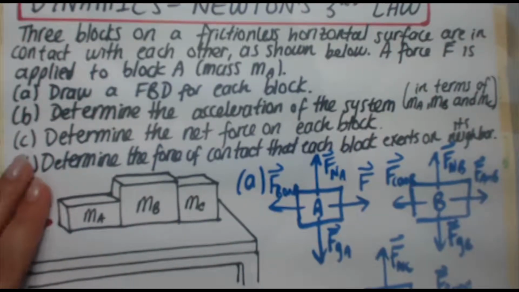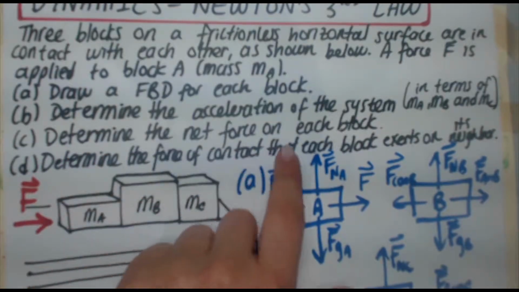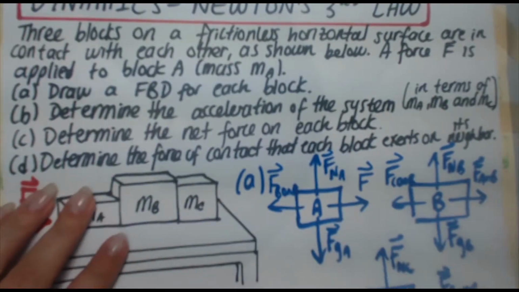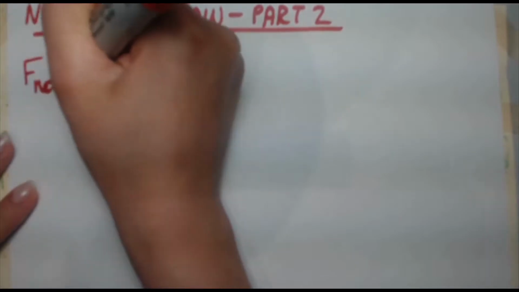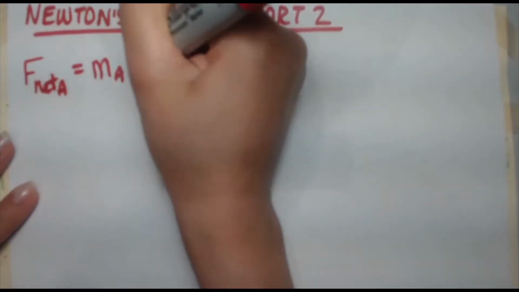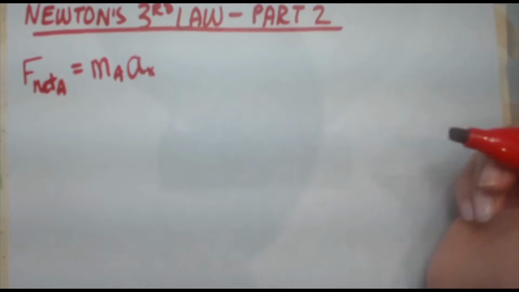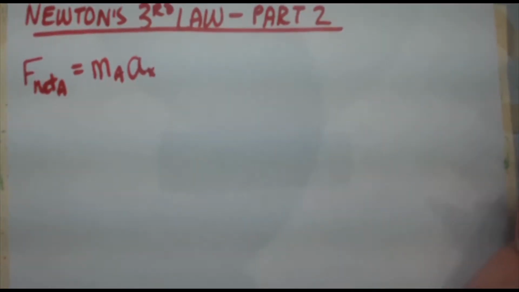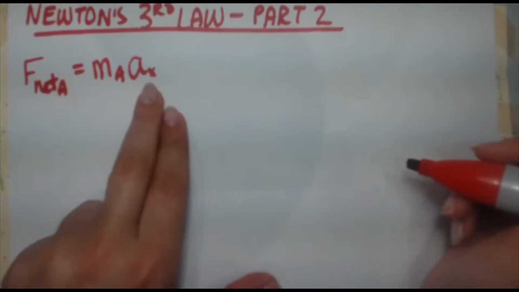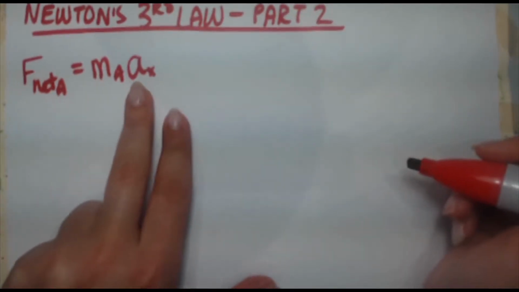Okay, so part C of the problem asks us to determine the net force on each block. So let's get into that. To find the net force, according to Newton's second law, net force is equal to the product of mass and acceleration. For example, for block A, F net on A is going to be equal to the mass of block A times acceleration. Now, the acceleration of block A is the same as the acceleration of the system, so the acceleration we found in part B is what we're going to plug in here.